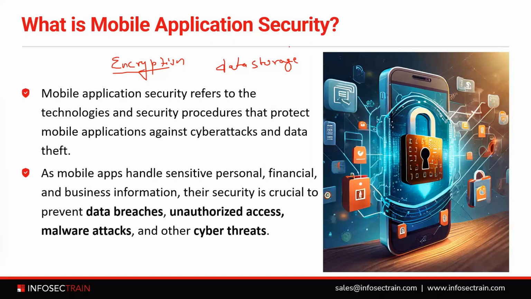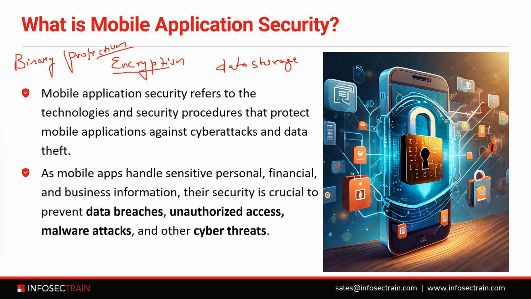So I will download the application, I will reverse that application, and I'll be able to get that information, whatever information the application is storing, right? Then many of the applications don't have binary protections. What do you understand by binary protection? If there is no binary protection, that means the attacker can easily reverse the application.